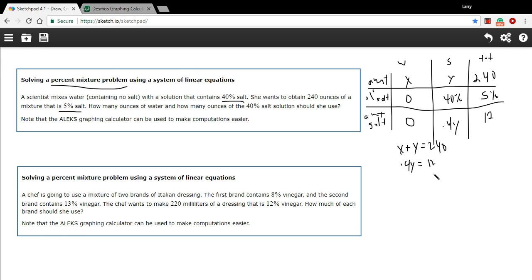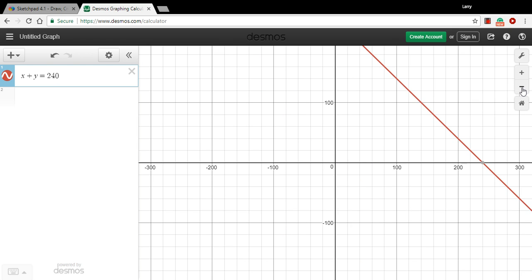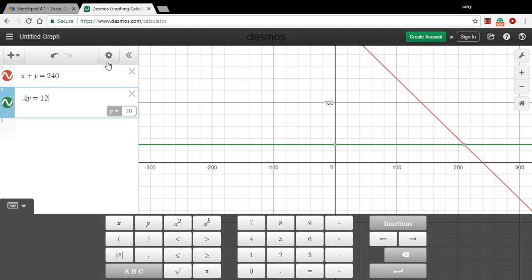We can solve this. And what I'm going to do is just use a graphing calculator again to solve these. You could solve it by substitution here pretty easily, but I'm going to go ahead and graph it. So X plus Y equals 240 is the first one. And let me zoom out a bit. And then the second one is going to be 0.4Y equals 12. And where they cross is right here, and that's at the point 210 comma 30.